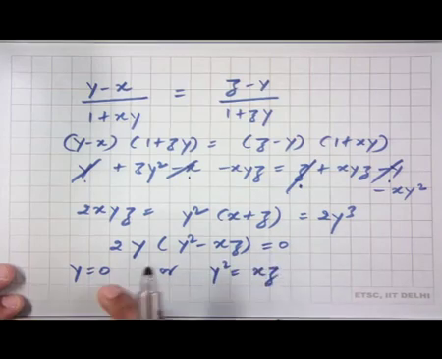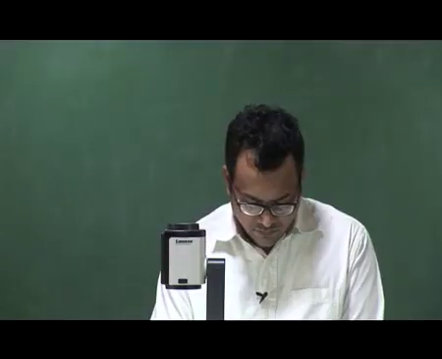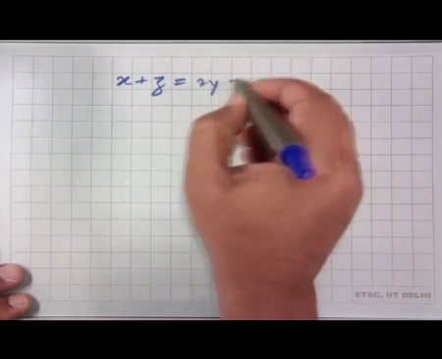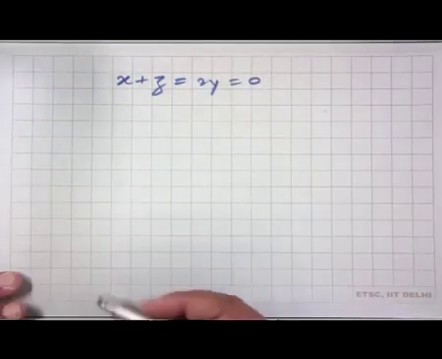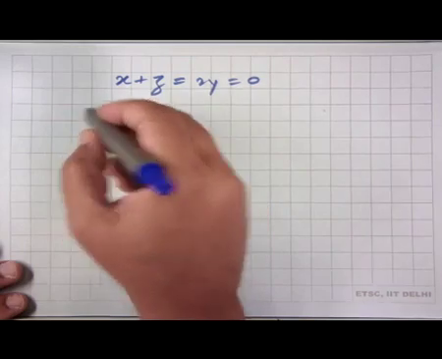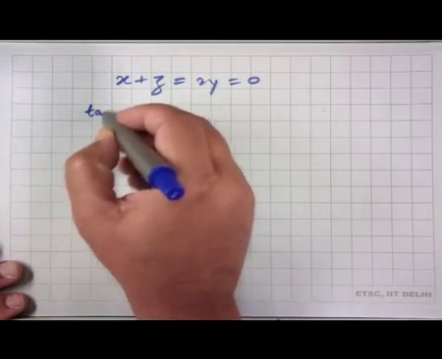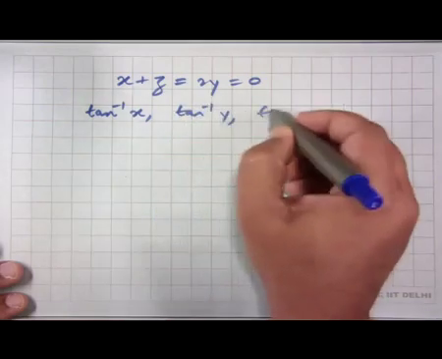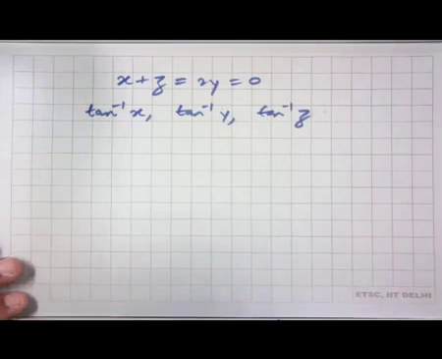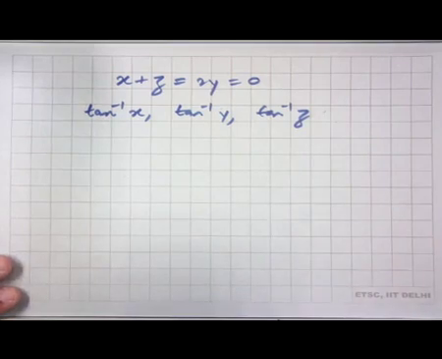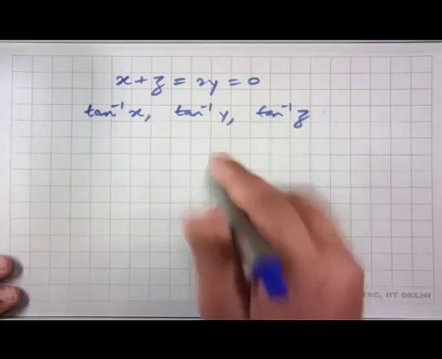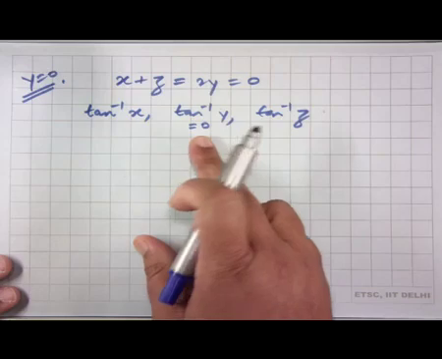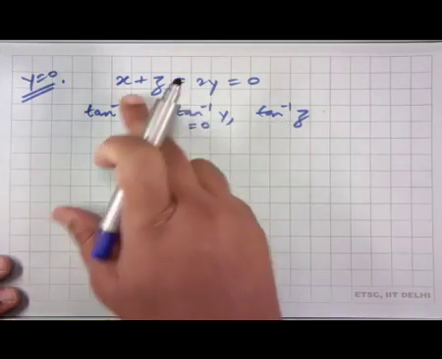Now, if y is equal to 0, then we have x plus z equals 2y equal to 0, and we also had that tan inverse x, tan inverse y and tan inverse z are in arithmetic progression. So, we are taking the case y equal to 0 here, and x plus z is 0.